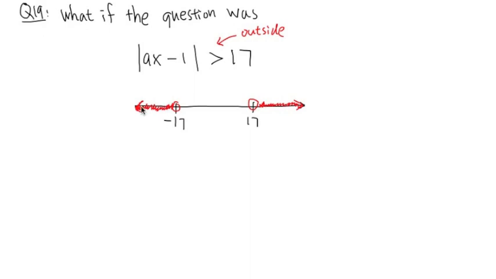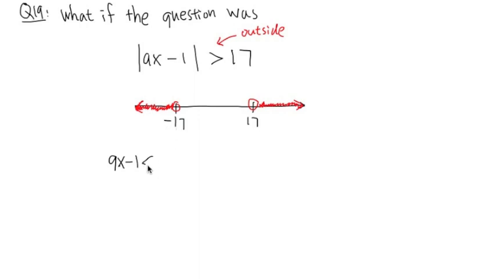And in this case, you see that we will have two parts, or two pieces, and we do have two pieces to consider. For this piece, we're going to put the inside, which is 9x minus 1. So the inside always stays the same. You take out the absolute value, but as you can see, this region is toward the left, and the number here we have is negative 17.